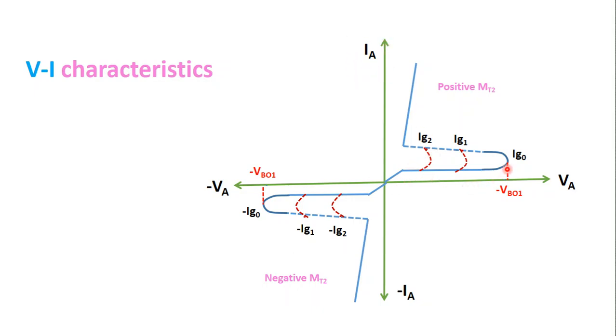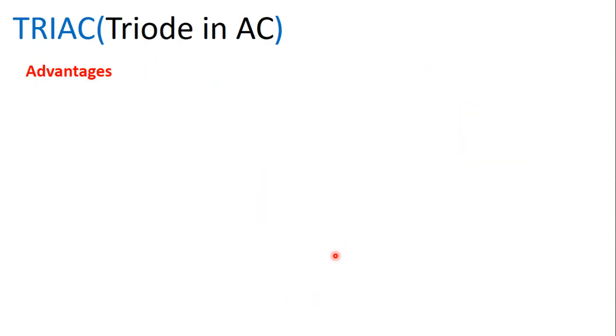Here we can see that after the breakover voltage is reached, only then does current start flowing in the triac, similar to the SCR, and once the triac starts conducting, the voltage across the triac will reduce. Similarly, for the negative MT2, the same characteristics will be drawn, and both of these characteristic curves are symmetrical to each other.